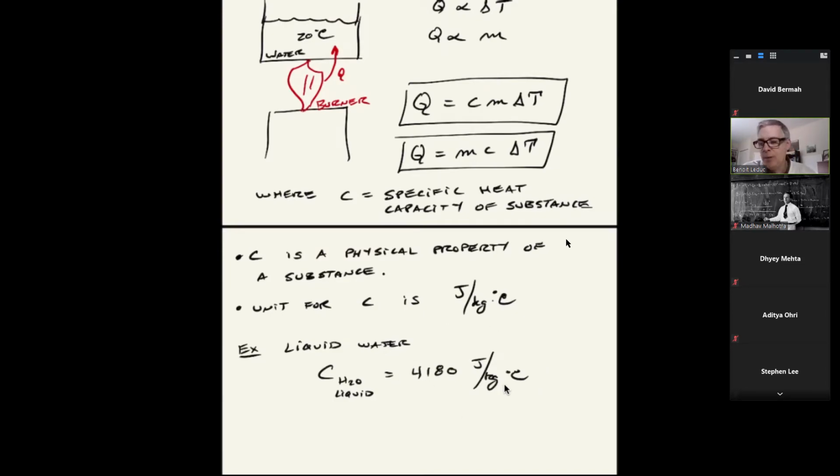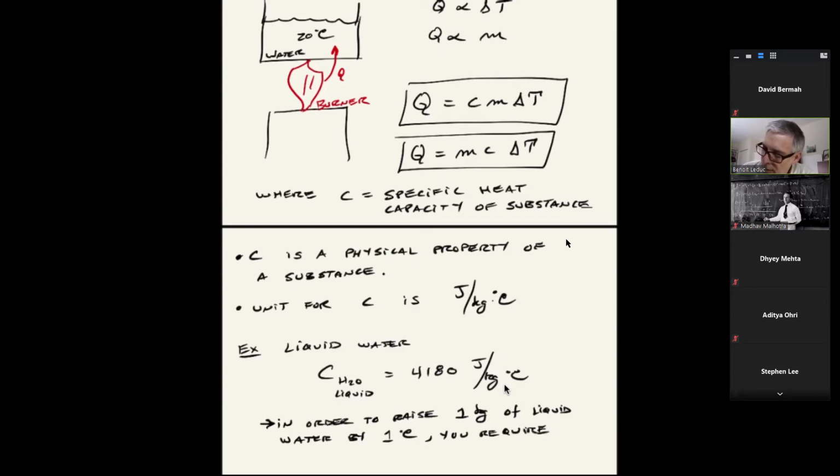What it means is, in order to raise 1 kilogram of liquid water by 1 degree Celsius, this is Celsius, this is not an E here, you require 4180 joule of thermal energy.